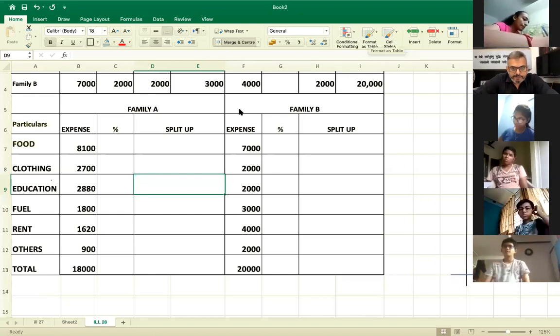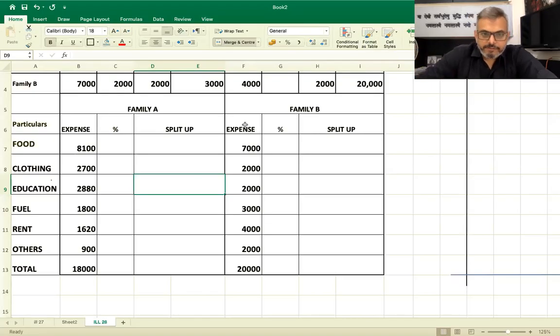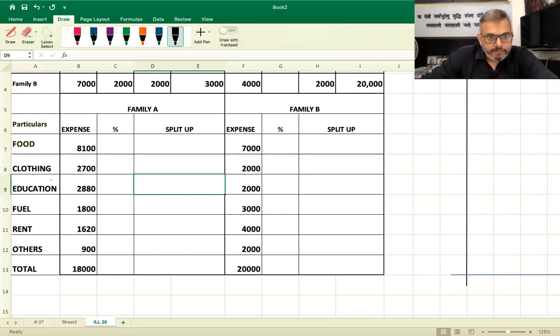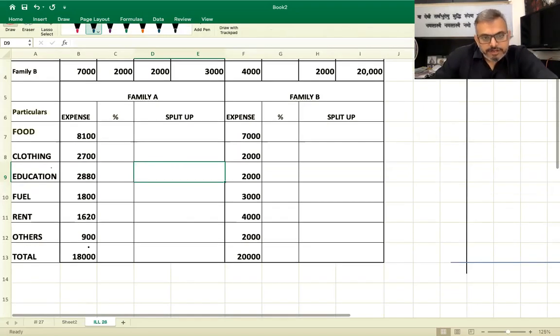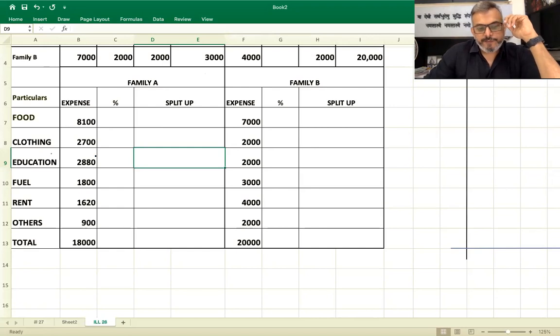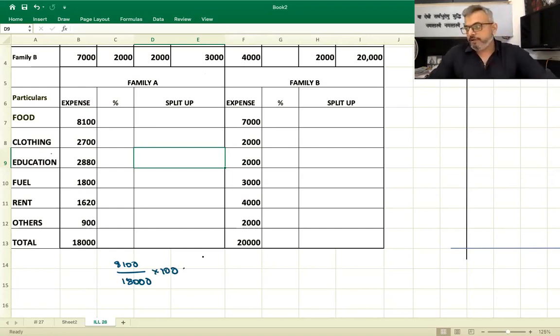Let's proceed with this. Family A. ओके, अब सब ध्यान दो। सबसे पहले टोटल 18,000 है, उसका एक्सपेंस तो हमें फाइंड करना पड़ेगा। फूड पे कितना परसेंटेज उसका स्पेंडिंग है, तो you do 8,100 divide by 18,000 into 100, find out the percentage. 8,100 divide by 18,000, press percentage, you will get 45.